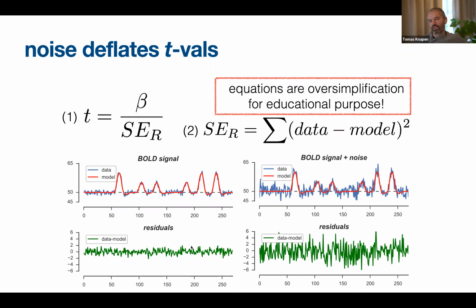In this case, it's pretty okay. The residuals aren't that big, but here you're looking at much noisier data. That means the sum of squares is much higher than on the left, and what was a nicely statistically significant beta value here, that identical beta value here gives you a problem, no longer a significant result.